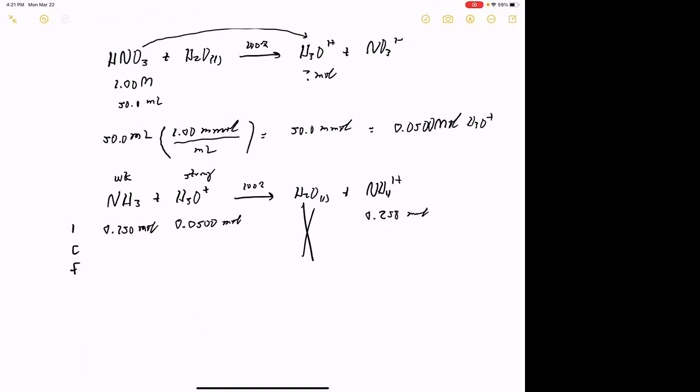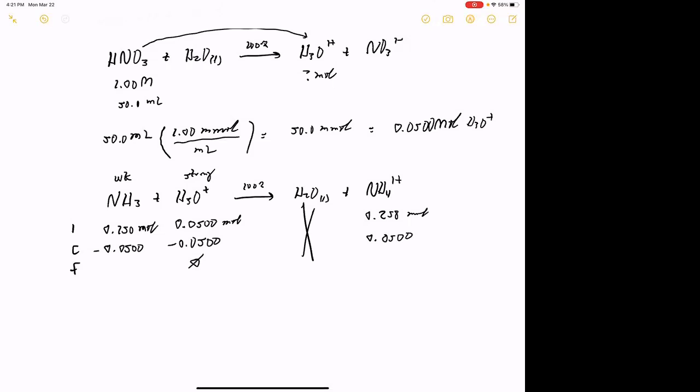All right, who's my limiting reactant? Oh, it's the hydronium. So I'm going to lose that amount on both ends here, and I'm going to make that amount over here. That's going to give me 0 down there.